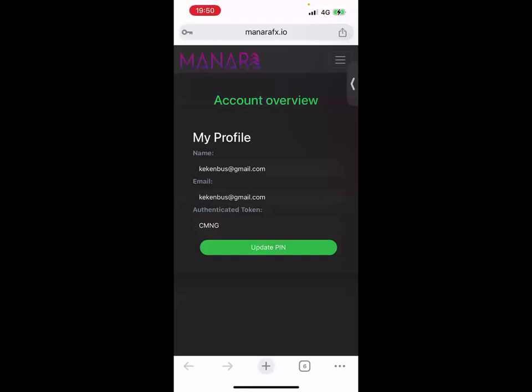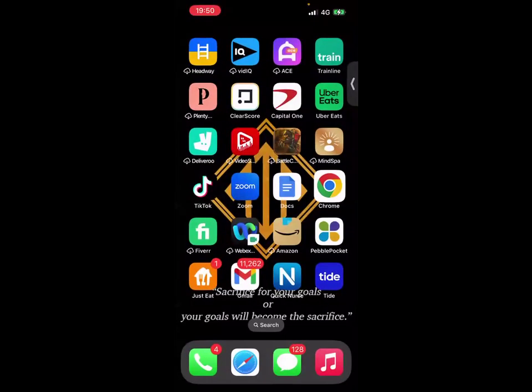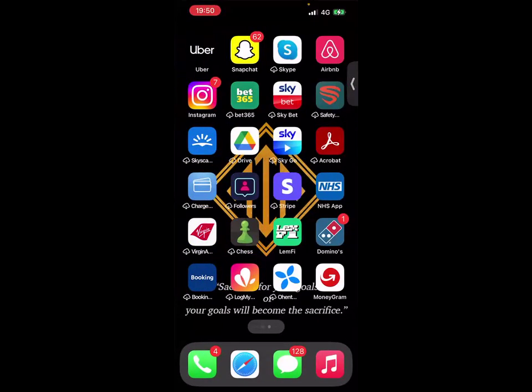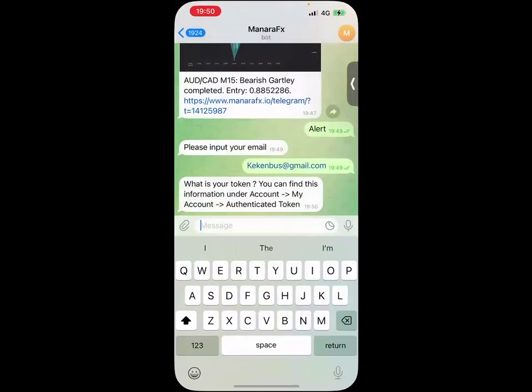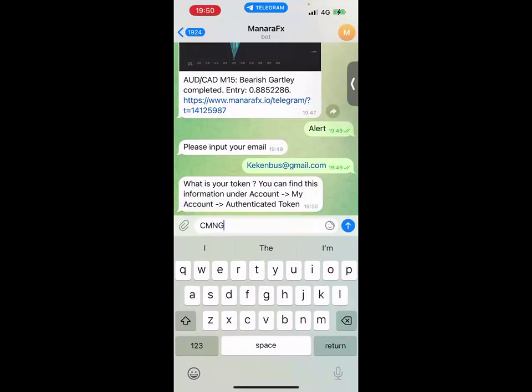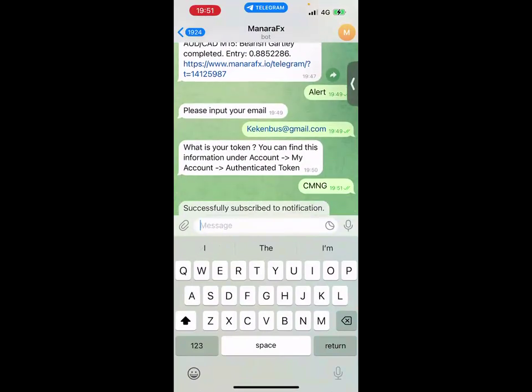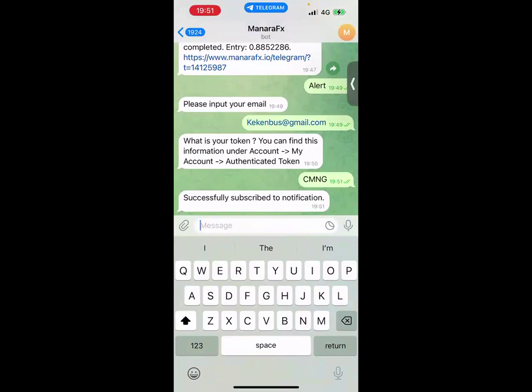So you just copy that, and you basically go and paste it on your Telegram. So let's go paste it. If you minimize, you can just take it from there instead of trying to go back and open apps. So successfully subscribed. Amazing. See how easy this is? So that's how to do your Manara setup.